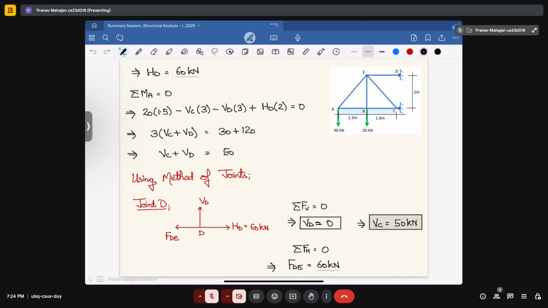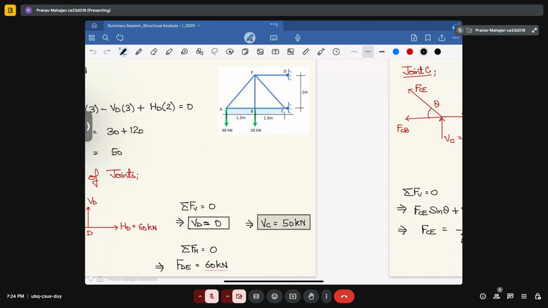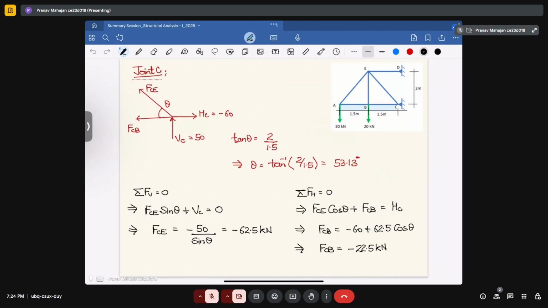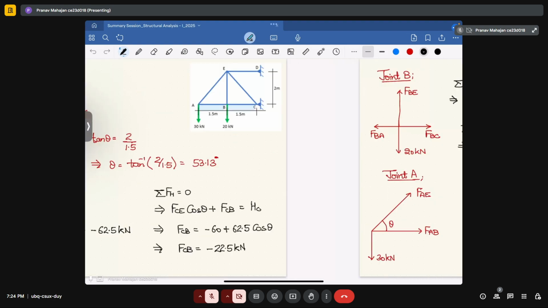Now we will proceed to calculate all the member forces using the method of joints. We will apply the method of joints at joint C and calculate the unknown member forces, that is member CB and member CE.